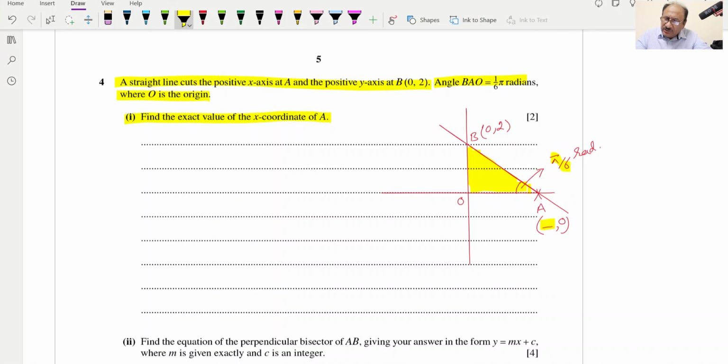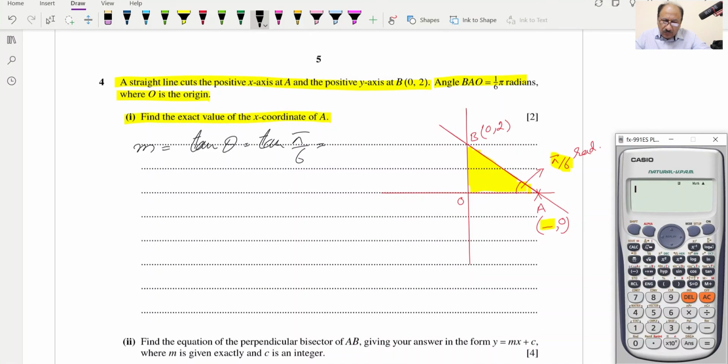The gradient m will be equal to tan theta, which is tan of pi over 6 in this case. Tan of pi over 6 will be equal to root 3 over 3.